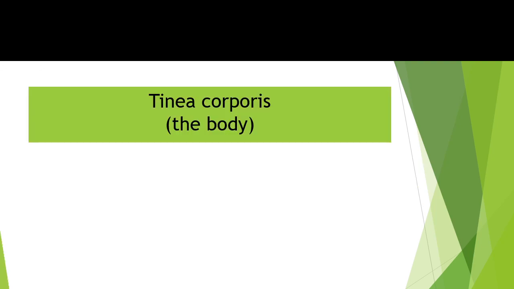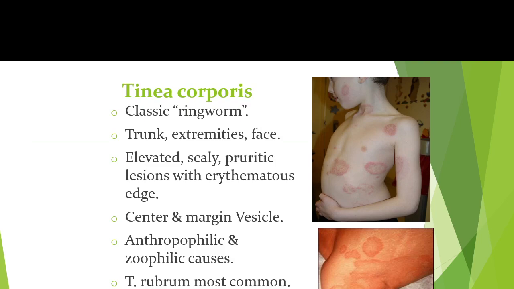Tinea is classified according to the site of involvement in the area of the human body. If it involves all the area of the body except the head, the palms and the foot, it is considered to be tinea corporis. This is a picture showing a toddler with multiple lesions all over the body caused by tinea corporis.